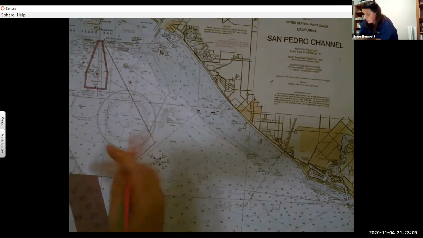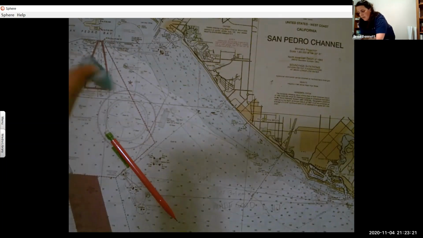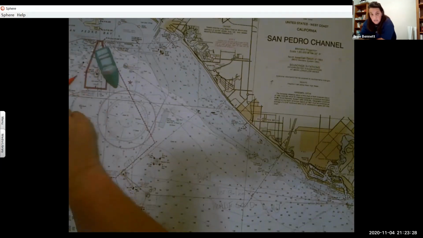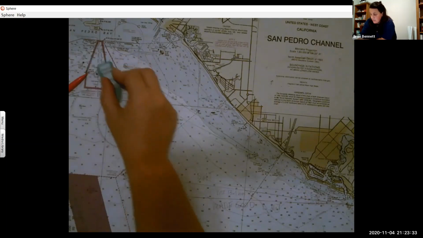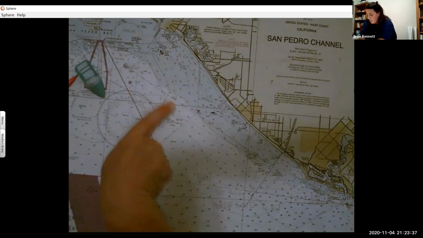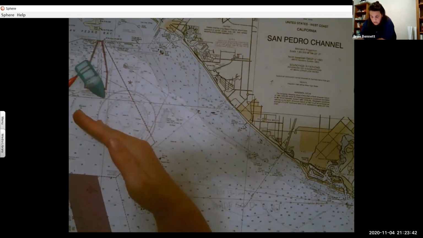And before I even measure it, I'm going to do the common sense check. Where's my boat? If I want to make this good, and the current is pushing me this direction, I need to steer into the current in order to make this good. So looking at this line, you can see that it's angled over.